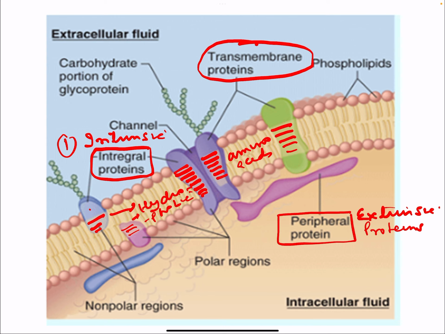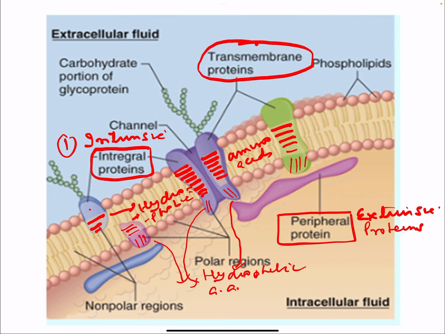And the peripheral part of these proteins contain the hydrophilic amino acids. Right. So the peripheral part will contain the hydrophilic amino acids, and the central portion in the protein will contain the hydrophobic amino acids.